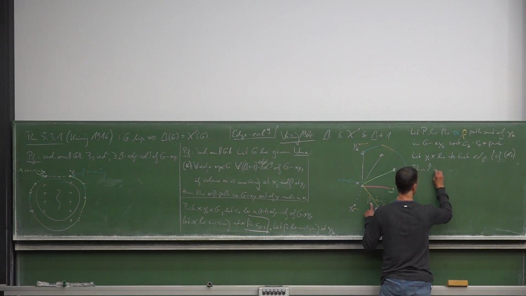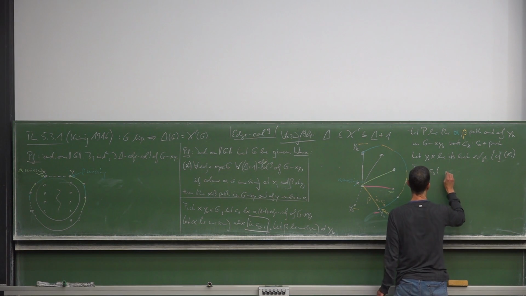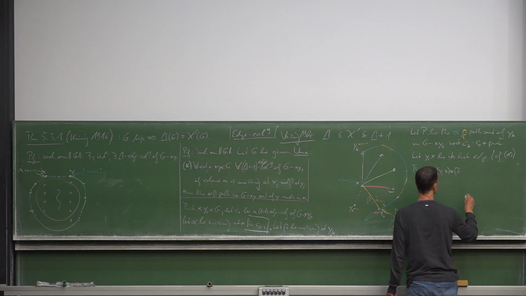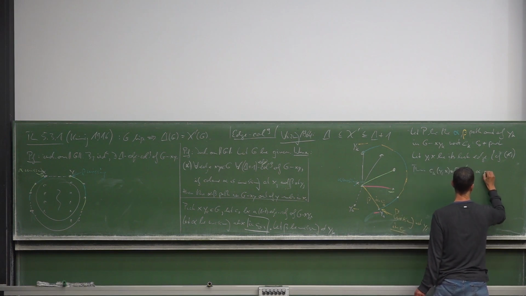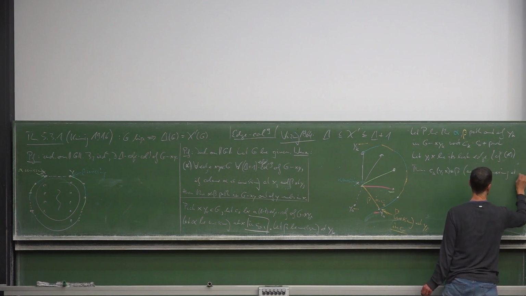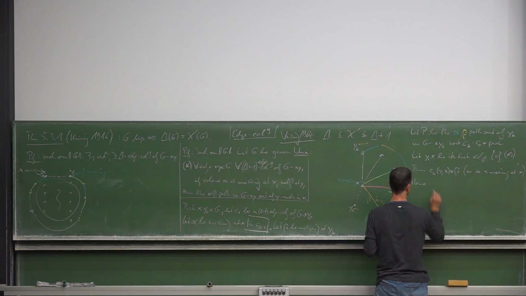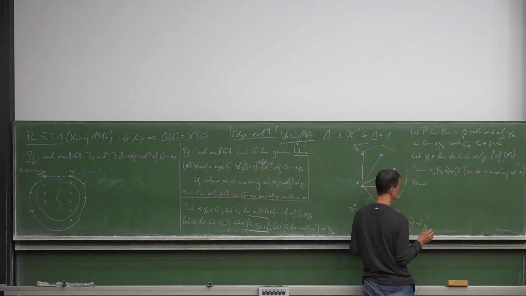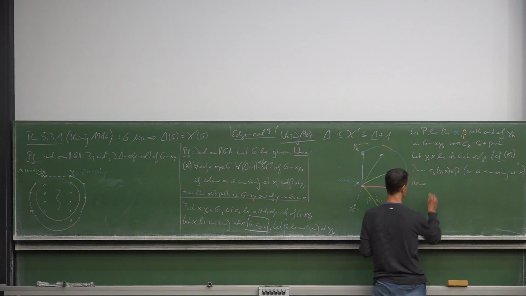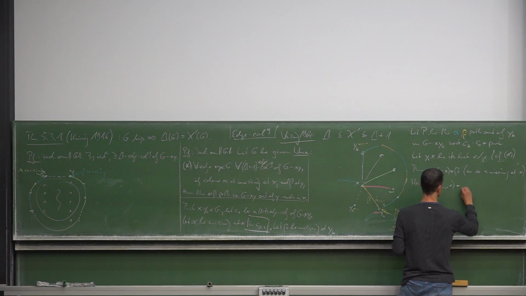Okay, then CK of this edge, yix, is beta, as alpha is missing at x, hence C naught of yi plus 1 x is beta.